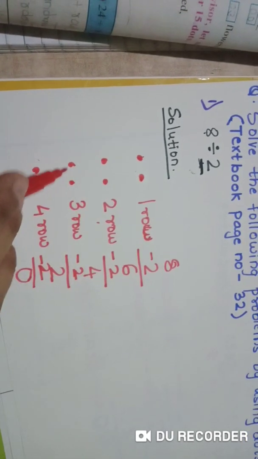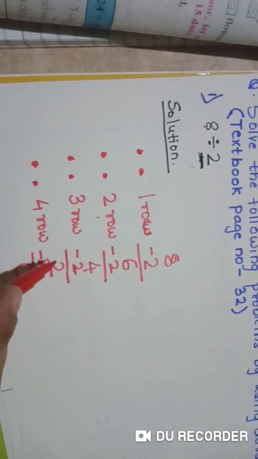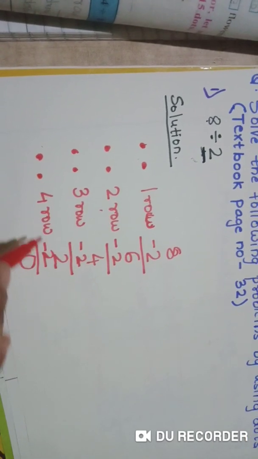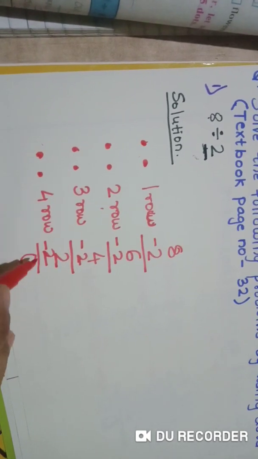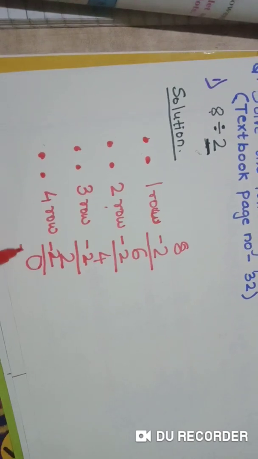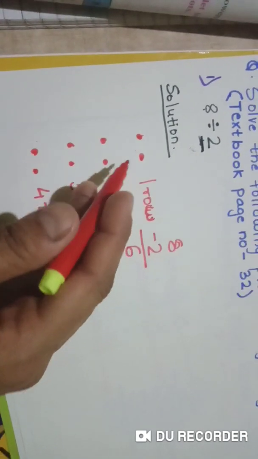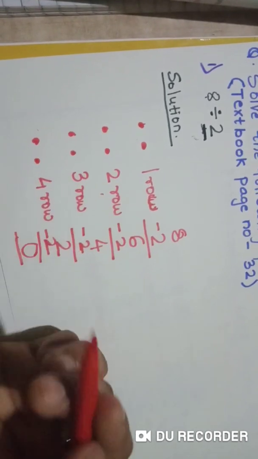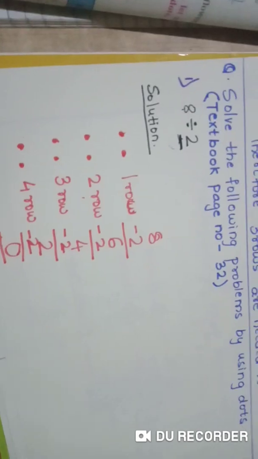Then again 2 dots in the third row. Then again 4 minus 2, here we have got is 2. Then again 2 dots in the fourth row. Then again 2 minus 2 is 0. Till we get 0, we have to draw that many rows. Have you all understood? Now let us take another sum.